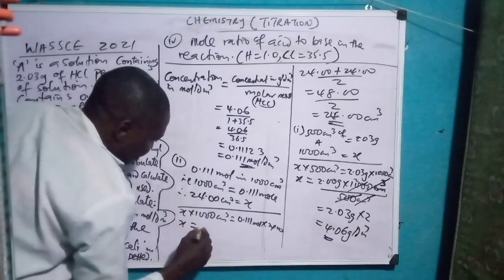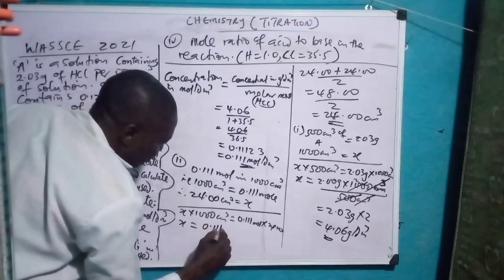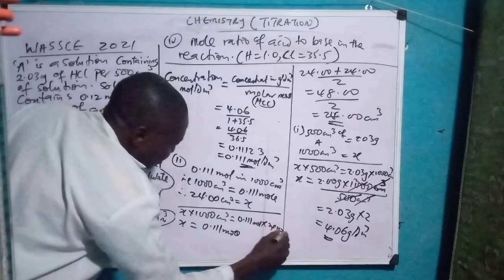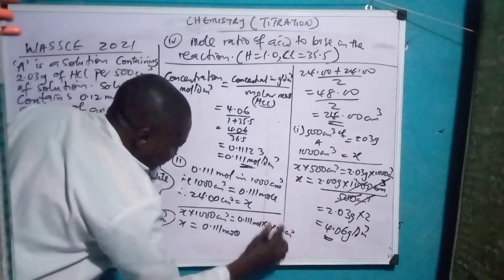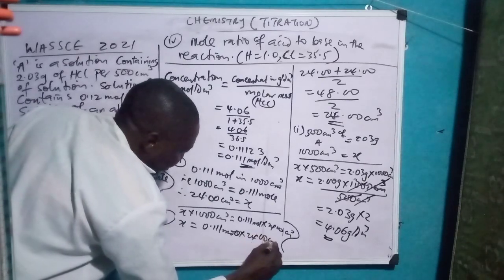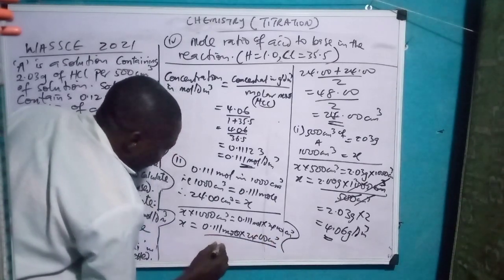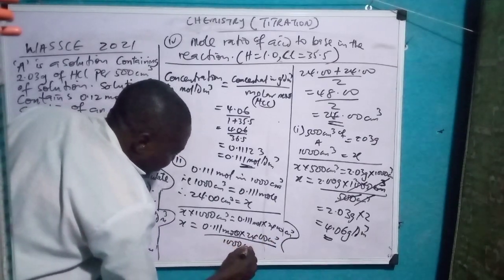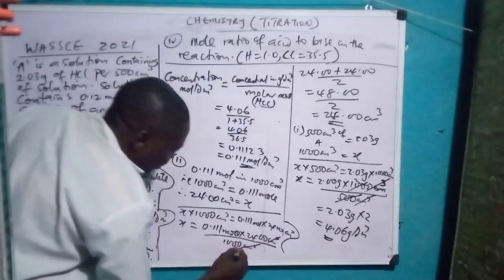X equals 0.111 mole times 24.00 cm³ over 1000 cm³. The cm³ cancel.